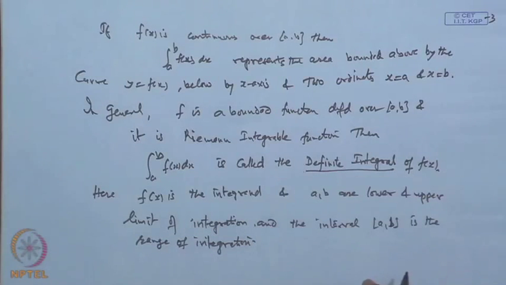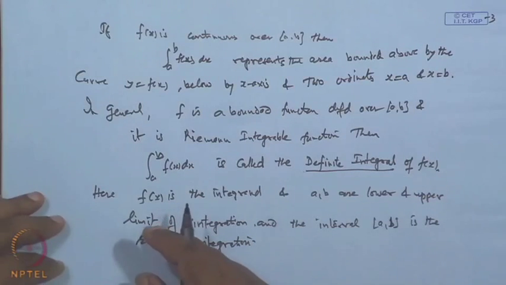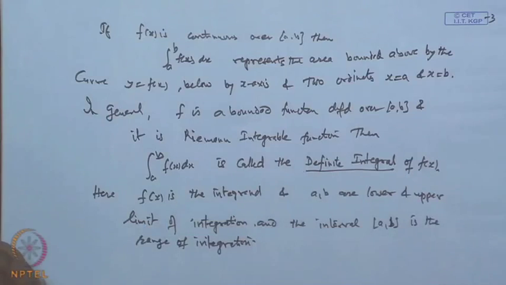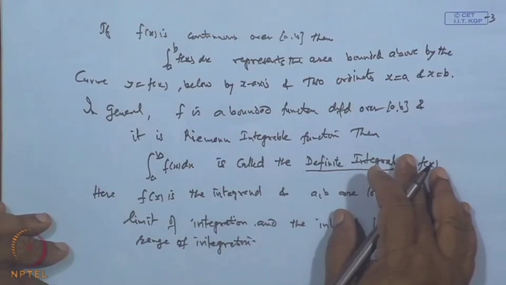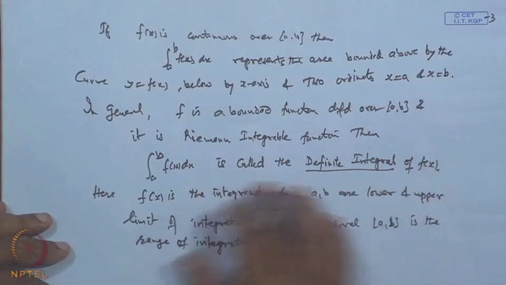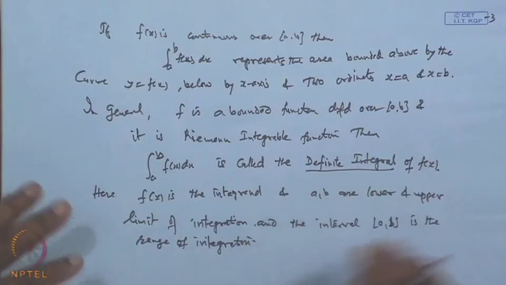We have already studied in class 12th the integral from a to b of f(x) dx when f is continuous, and we term it a definite integral. Here we are just extending the definition of the definite integral to those functions which are Riemann integrable over the closed interval [a, b]. So this integral from a to b of f(x) dx, when f belongs to the class of Riemann integrable functions, will be termed a definite integral.